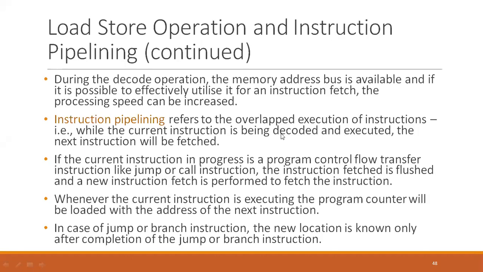While the current instruction is being decoded and executed, the next instruction will be fetched. If the current instruction in progress is a program control flow transfer instruction like a jump or call instruction, the fetched instruction is flushed and a new instruction fetch is performed.